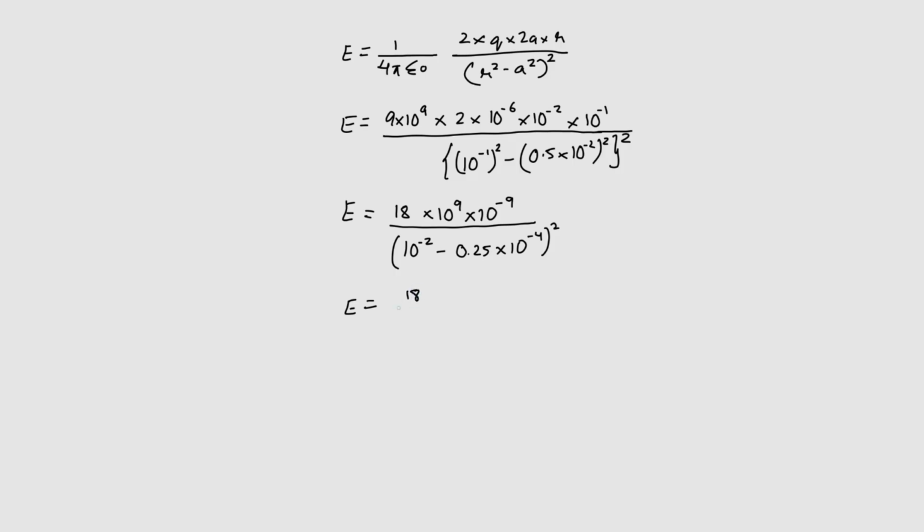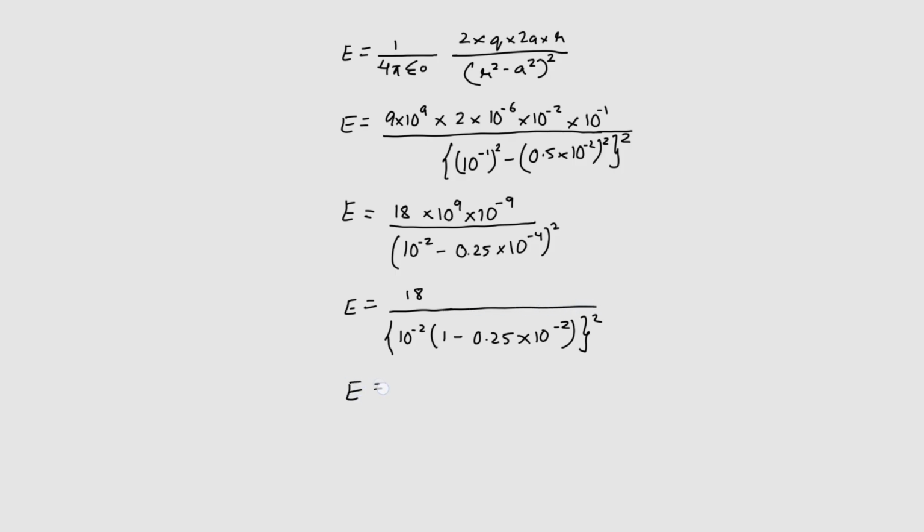So therefore 18, and I can take common between this term and this term 10 to the power minus 2, fine? Yes. In the bracket we have 1 minus 0.25 into 10 to the power minus 2, whole thing square.